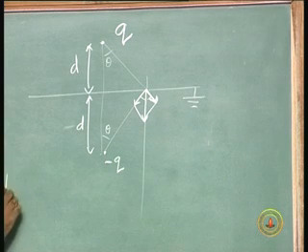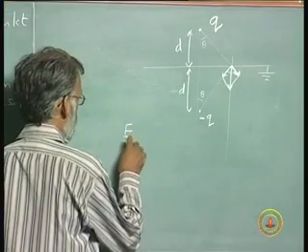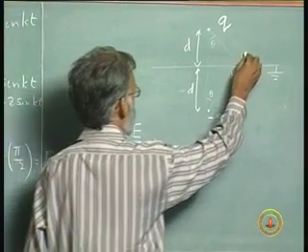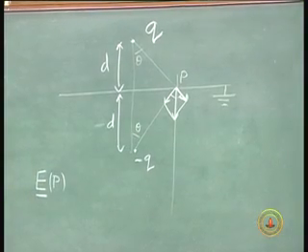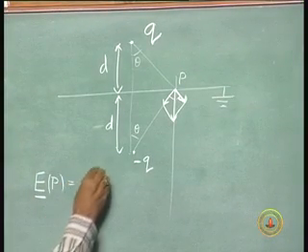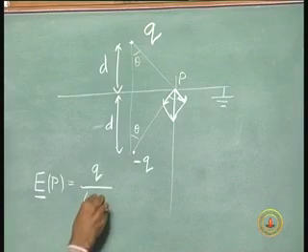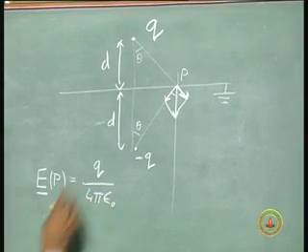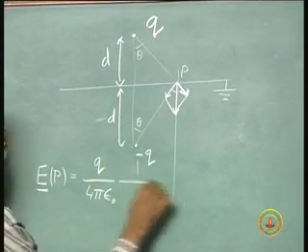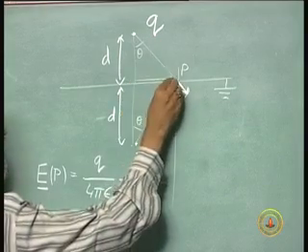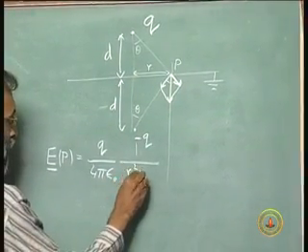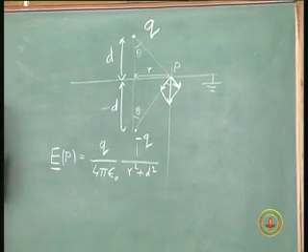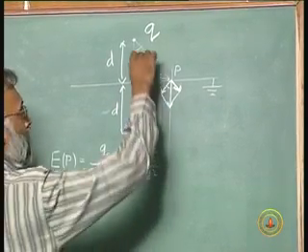So, we have got that the electric field at any point P is equal to q over 4 pi epsilon naught times 1 over, I am going to call this distance, r squared plus d squared, times the direction.